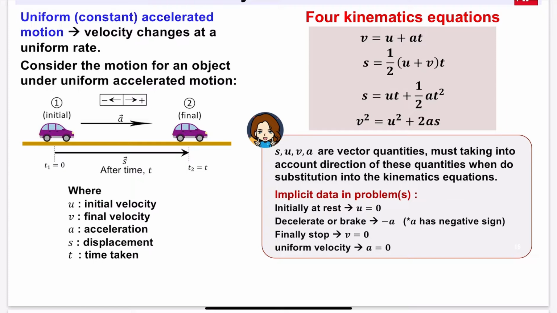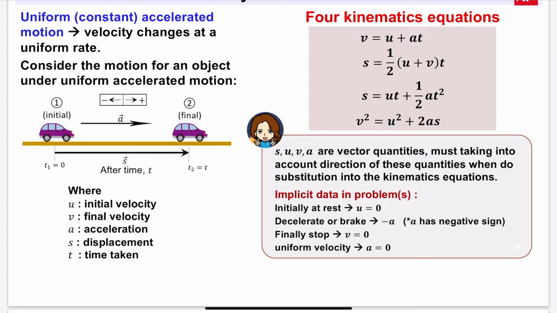So we must take into account the direction of these 4 quantities. It's very important in physics, direction of the quantity. So we have to take into account the directions while we are substituting the values.